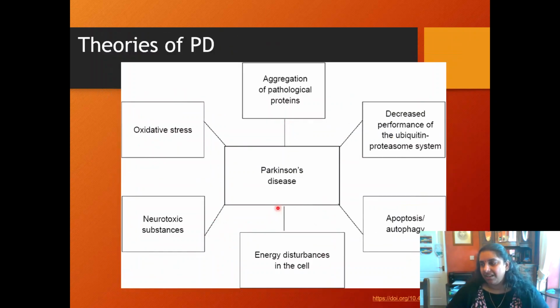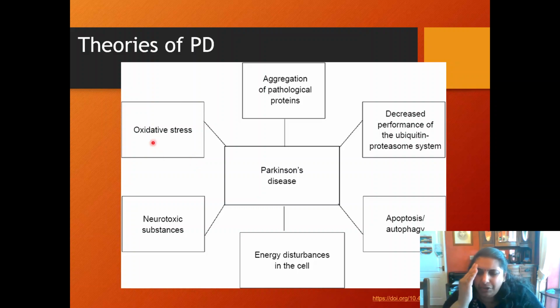So as I've said, like AD, there are a lot of theories of what's happening in Parkinson's disease. So one of them is oxidative stress. That's one of the biggest ones. That is what people think mostly would be causing Parkinson's disease.